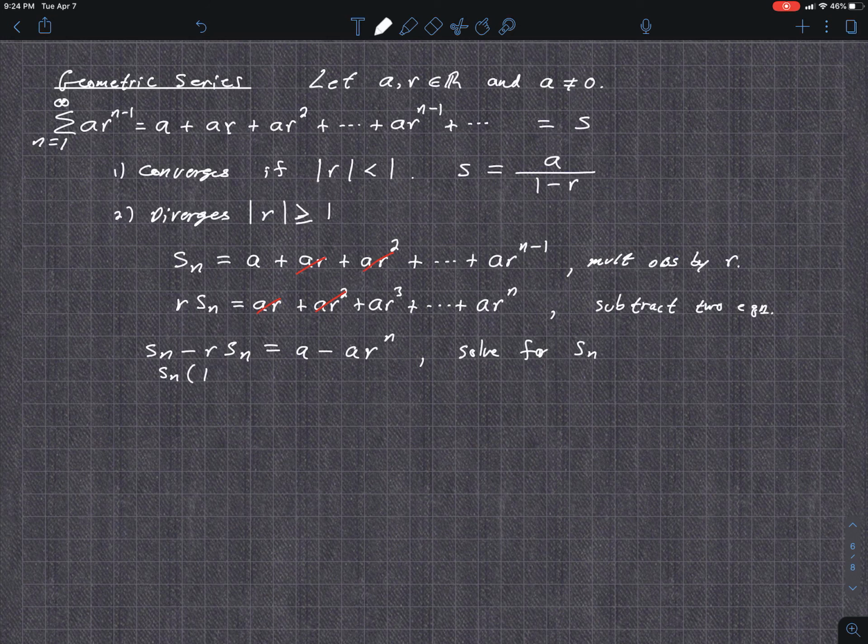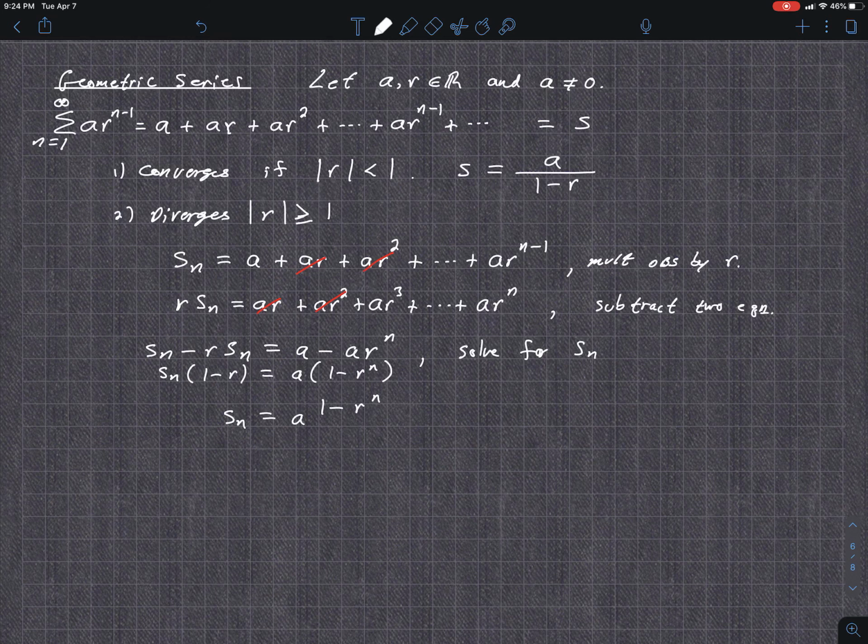And then essentially you solve that for S sub n. If you solve for S sub n, you'd factor out S sub n, and that's 1 minus r, equal to a times 1 minus r to the n, all over 1 minus r.